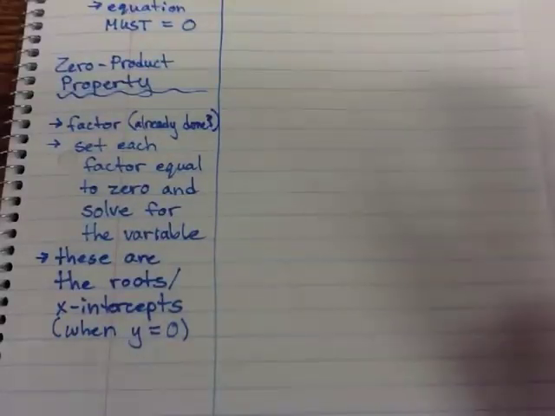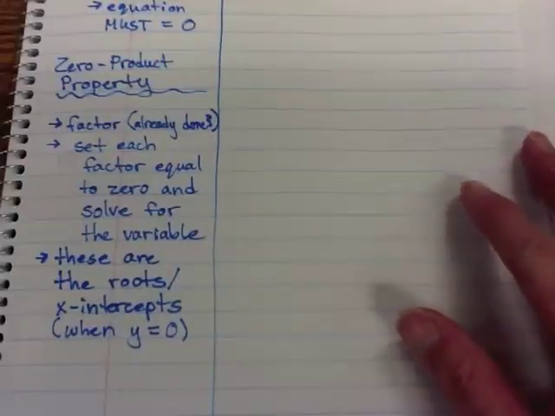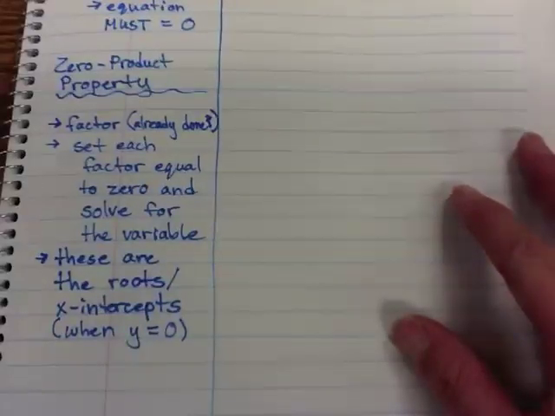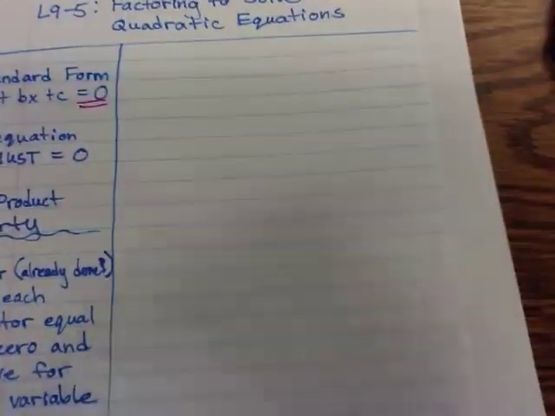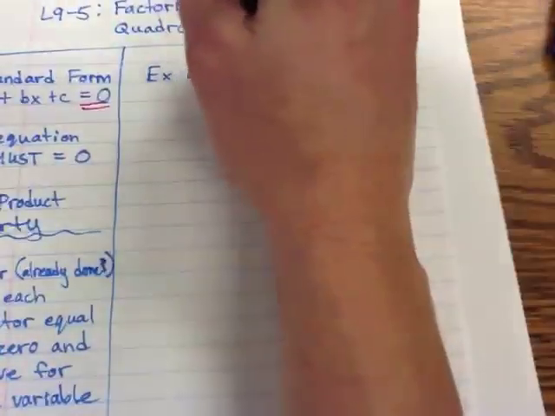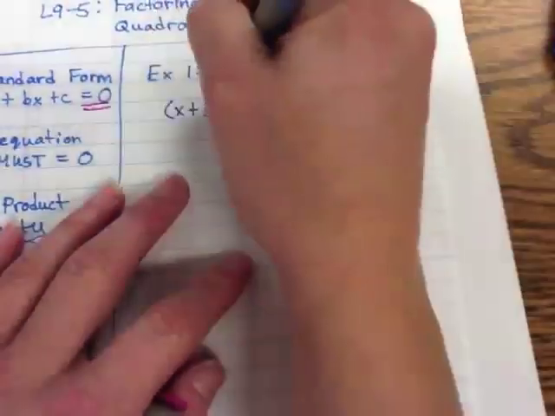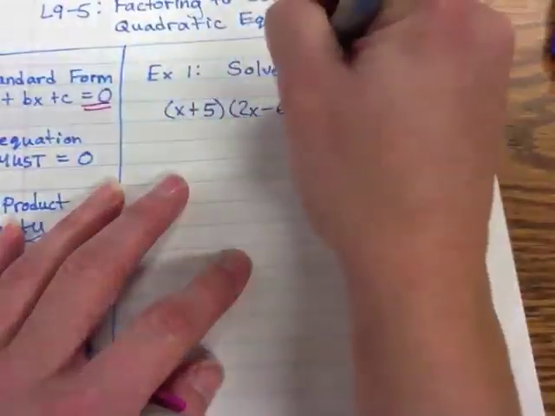Okay, is everyone done? Okay, so example 1. Solve (x plus 5)(2x minus 6) equals 0.